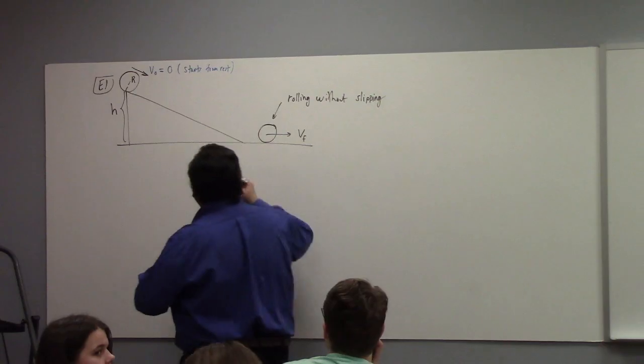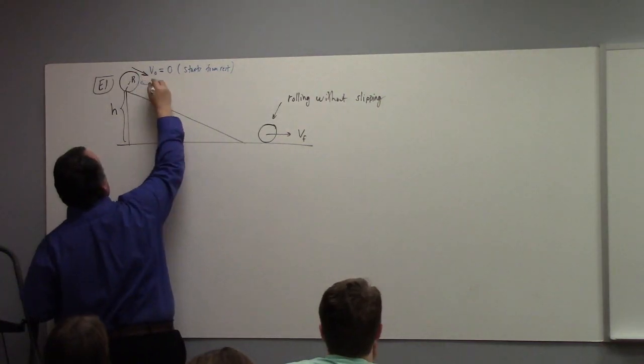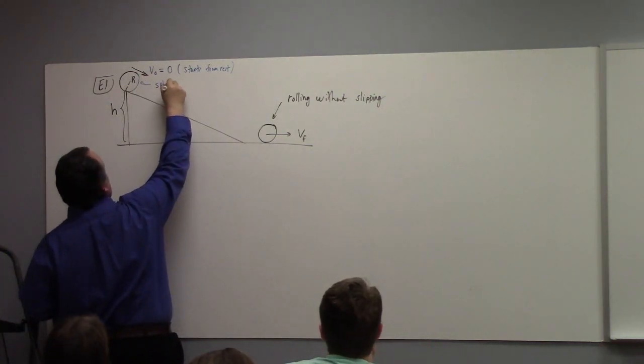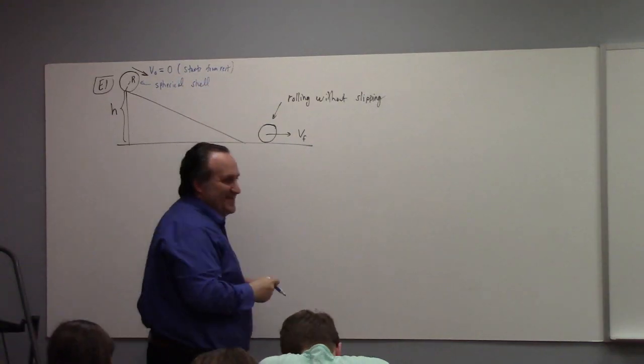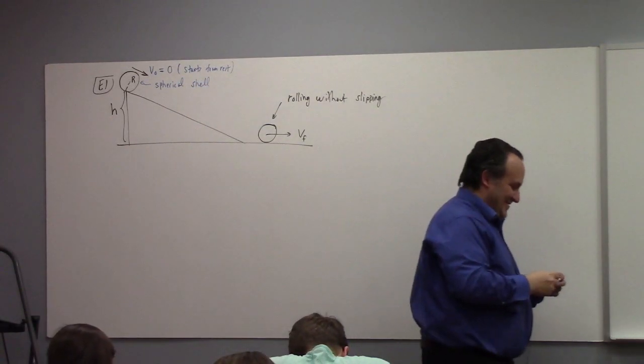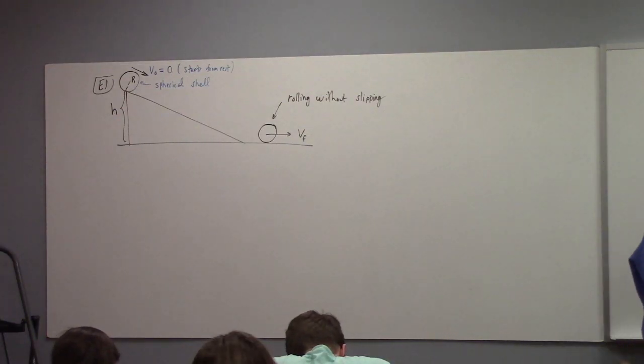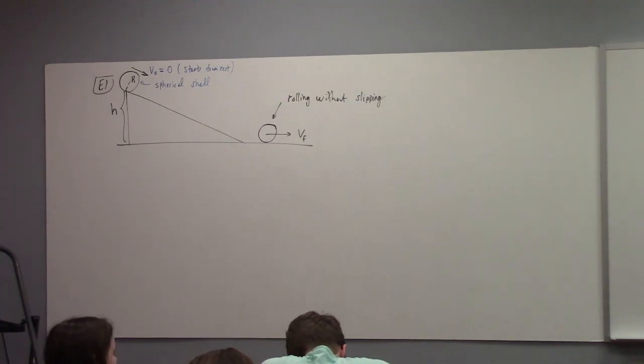Sounds like harder options. They're all the same, so, well, we tried it. The more confusing way to make this problem is to not tell you what the shape is and make you find the moment of inertia from the motion.